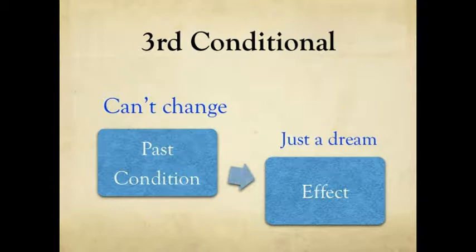But the third conditional is not possible because the condition or cause has already happened. It happened in the past, and we cannot change the past. We can only dream about changing the past, so the effect would be different.